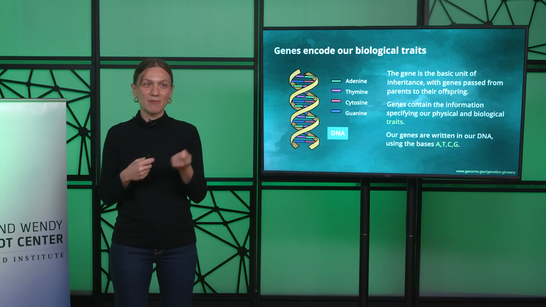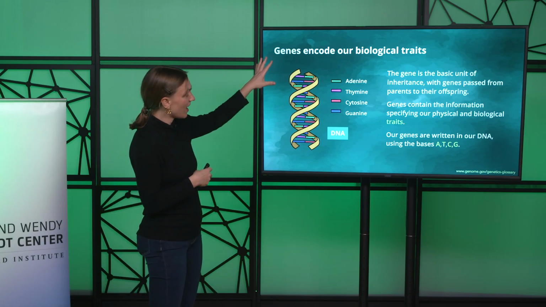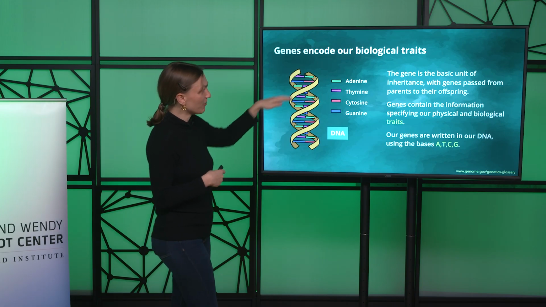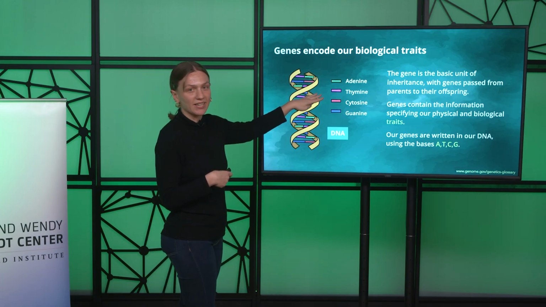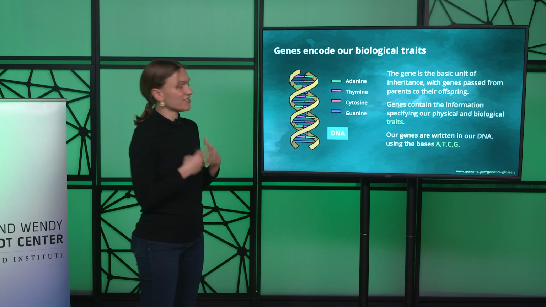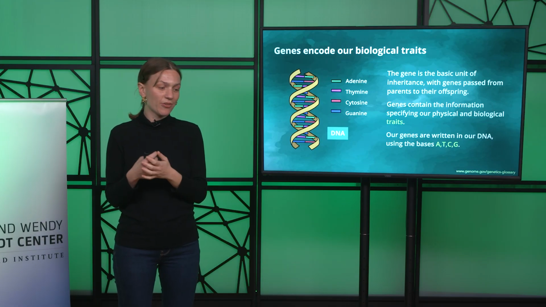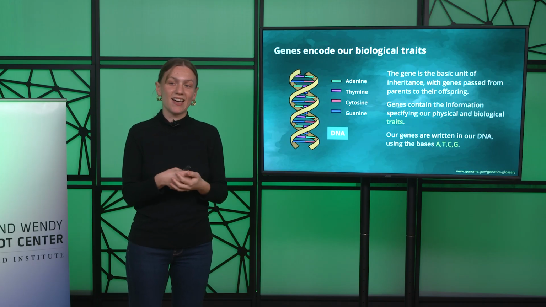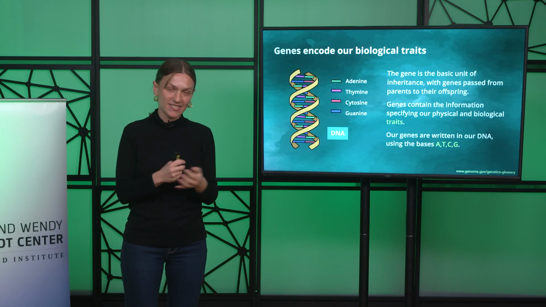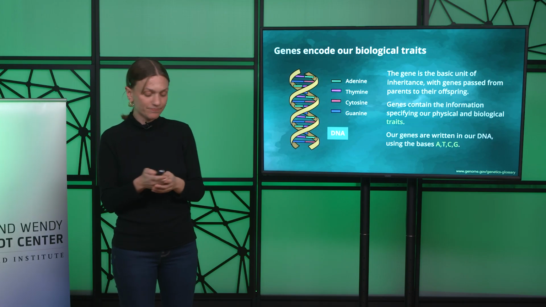A gene is the fundamental unit of inheritance, and our genes live inside the DNA, so they're encoded by this 4-letter code, where the 4 letters are adenine, thymine, cytosine, and guanine, or A, T, C, and G. These genes carry all the traits that make us up, both physical traits like our height, our eye color, and maybe our hair color, but also biological traits and often traits that are also associated with disease.